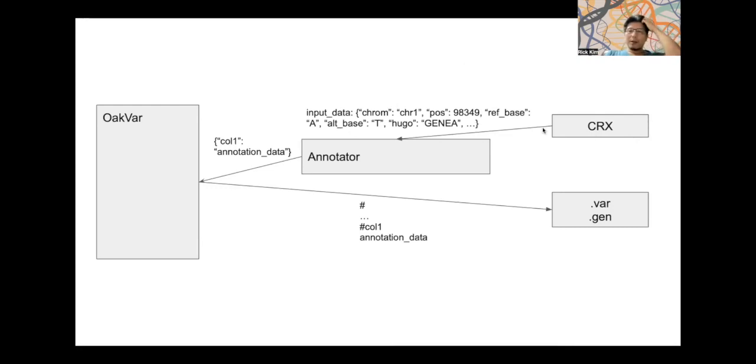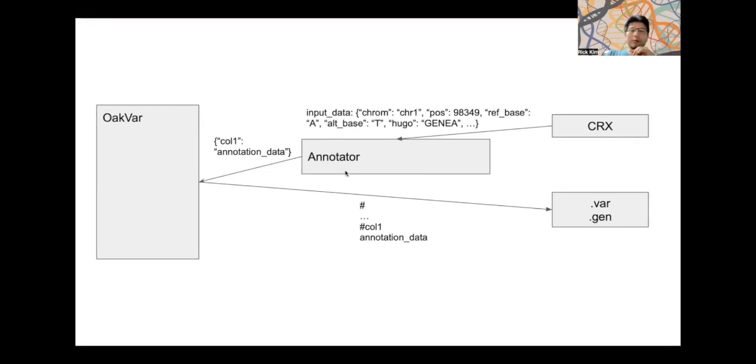As I said, CRX has chromosome, position, etc., those columns. And those columns will be keys, and the values for those columns will be the value for that key. So we have chromosome 1 and position 9A349, etc. And this dictionary will be fed to this annotator module.